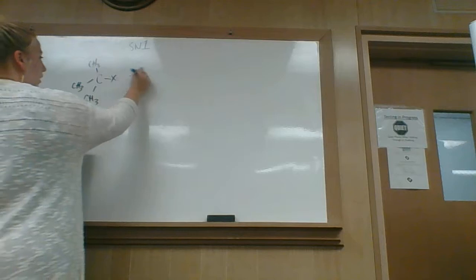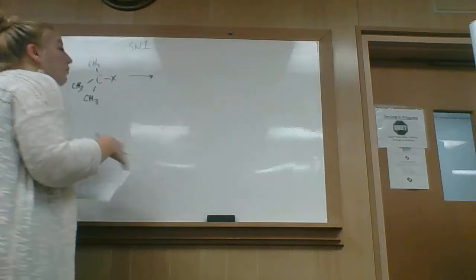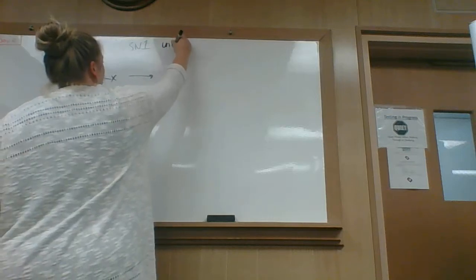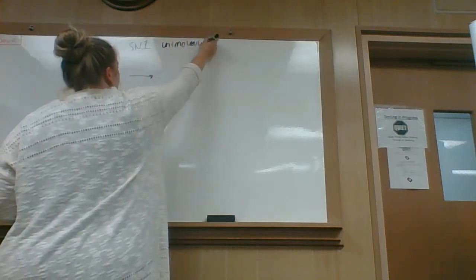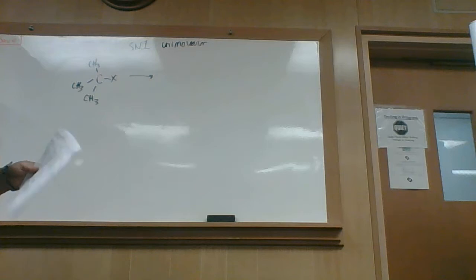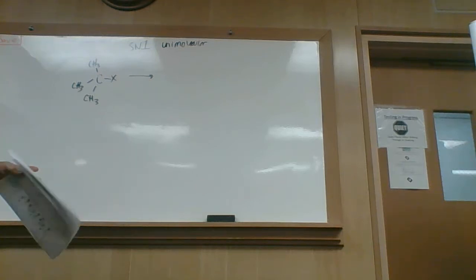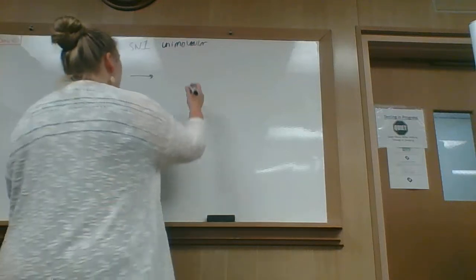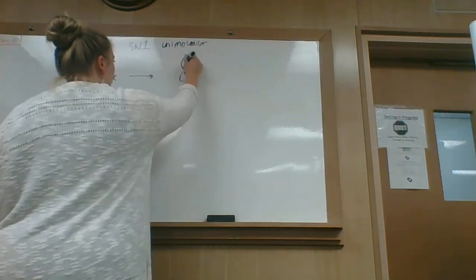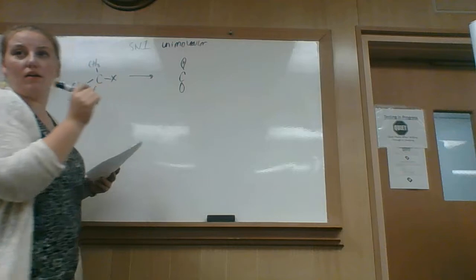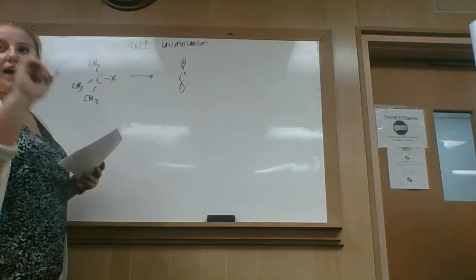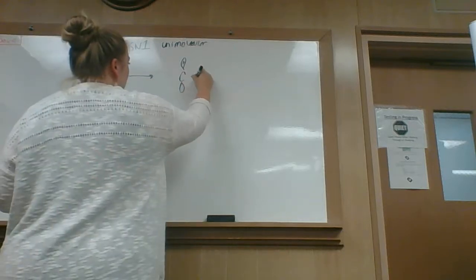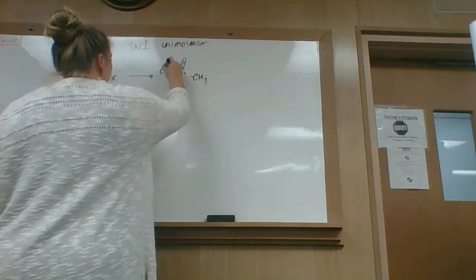Plays a part in the speed. Rate, yes, speed, rate, excellent, good. So unimolecular, we're only focusing on one. Do you think that is the one molecule the rate is based off of? Would that be the nucleophile or the alkyl halide? Alkyl halide. Very good. Was that a guess or did you know that? No, I remember hearing that. Excellent, very good. I mean, it's 50% chance either way, but excellent. I'm glad you remembered that. That's awesome.